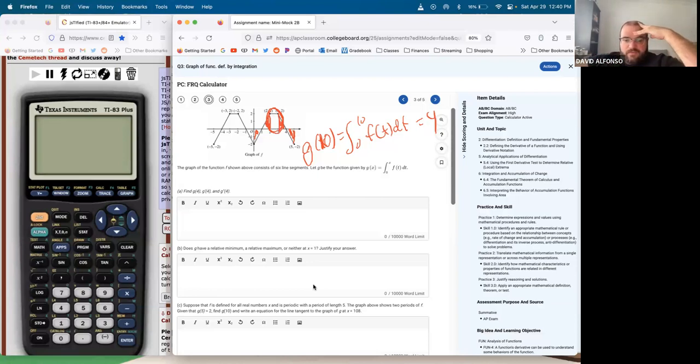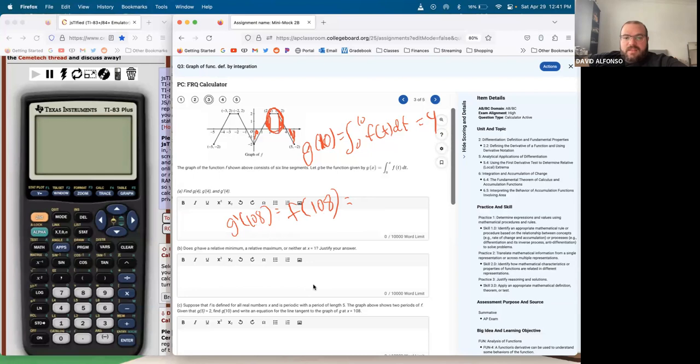Now, the next one, this one's weird. Write an equation for the line tangent to the graph of g at x equal to 108. So first things first, we need to find g prime of 108. Well, which would mean f of 108, right?